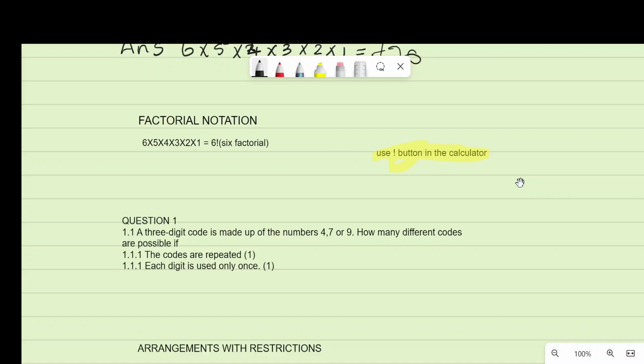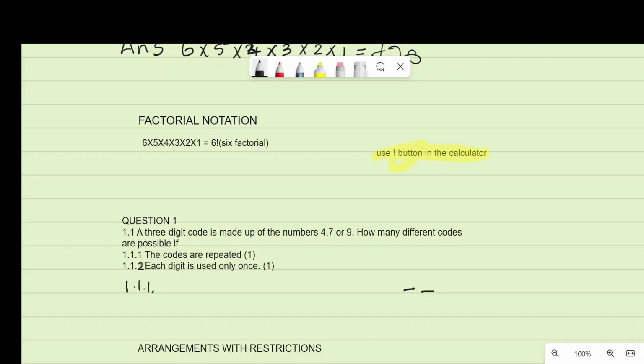It's also an examination question. Let's see how we do this. So first one, 1.1.1. This is supposed to be 1.1.2. Okay. Now, first you look at the situation here. A 3-digit code. Okay, let me write the answer there.